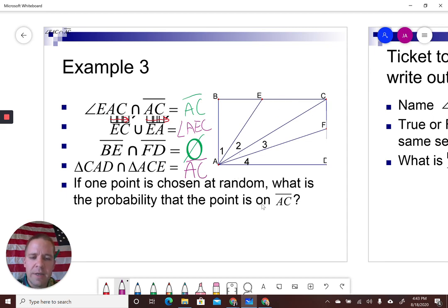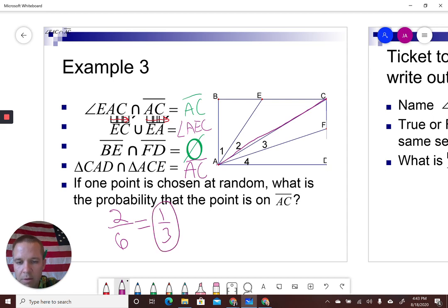So it's implied here that it's the named points. Well, we have 1, 2, 3, 4, 5, 6. We have 6 of them. And what's the probability that it's on AC? Well, there's 2 points on AC, so it'd be 2 out of 6, and we'll go ahead and reduce that to 1/3. All right, or 33.3 repeating percent.